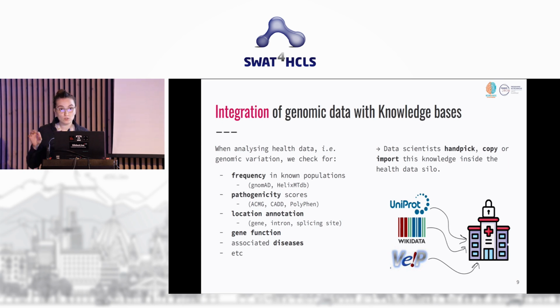In the case of genomic variants, which we were especially interested in for the ICON cohort, PhDs and postdocs in our lab have the variant catalog and they go look into databases for frequencies in known populations, pathogenesis scores, and location annotation. Maybe the variant that was located in a patient that carries an aneurysm is found in a gene that has a certain interesting annotation, part of the overall interesting gene function.